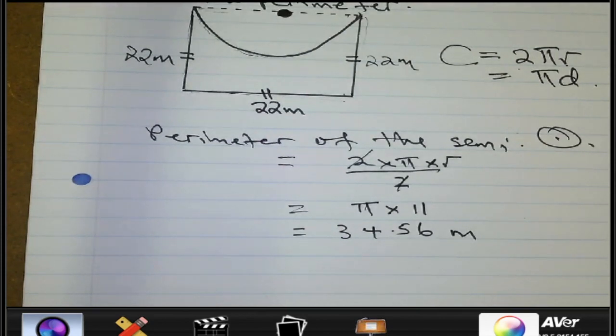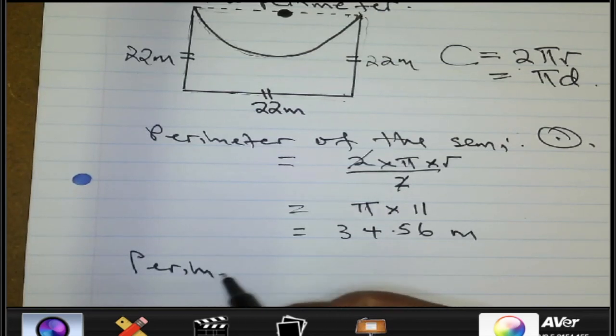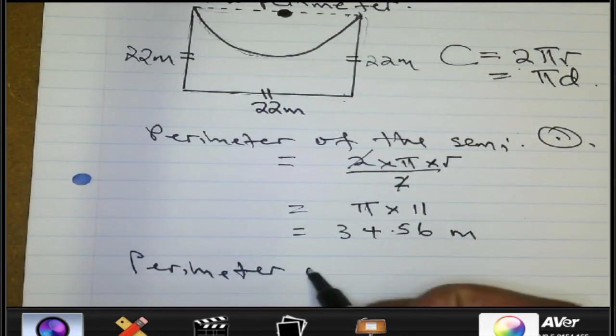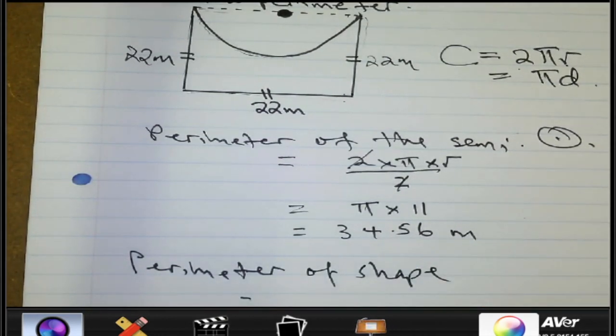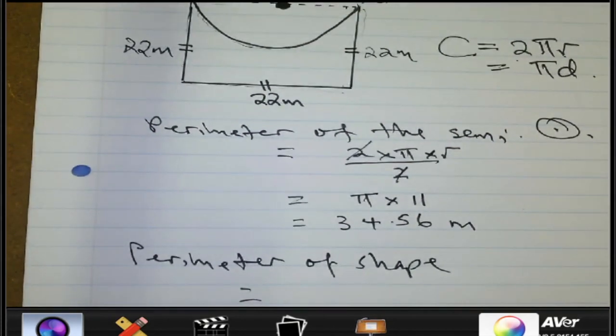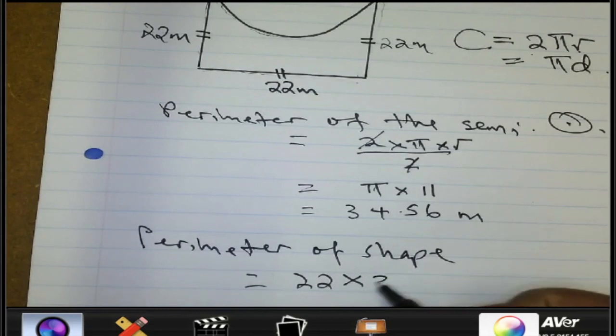So now we can work out the total perimeter. Therefore, perimeter of the shape, the whole shape now, we should add the 22s. How many 22s are there? 3. So can we just write 22 times 3? If you want, you can say 22 plus 22 plus 22, but it's 22 times 3.